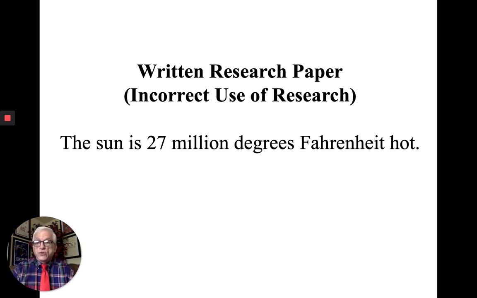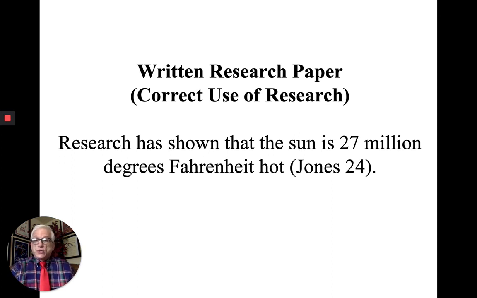You're saying to the reader of this paper, your instructor, that this is either common knowledge or this is information that you got yourself, that this is your own personal knowledge. You've been to the sun and you have measured it. This is an incorrect use of research. In other words, this is not common knowledge, and you didn't get this source yourself by visiting the sun. You got this from a source, and by not giving the source citation, you are plagiarizing.